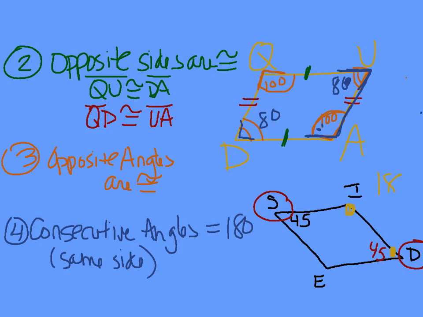So I would go 180 minus 45, and I would get 135. So that means that this angle, I, is 135, and then so would be angle E, because opposites are equal, or, same thing, these are same side consecutive, these are same side consecutive, S and E. So now again, if you wanted to add them all together, 45 plus 135 plus 45 plus 135 will give you 360. But remember that the same side is going to equal 180.